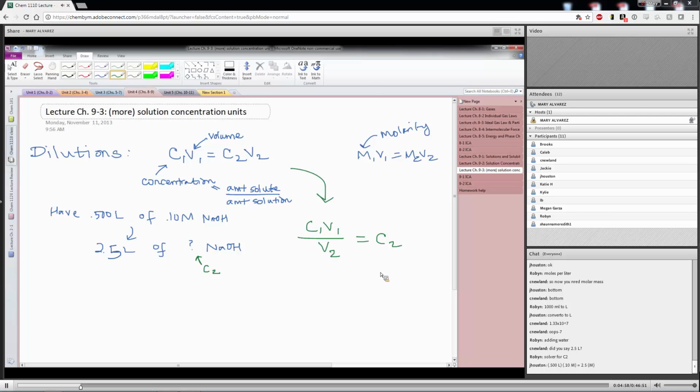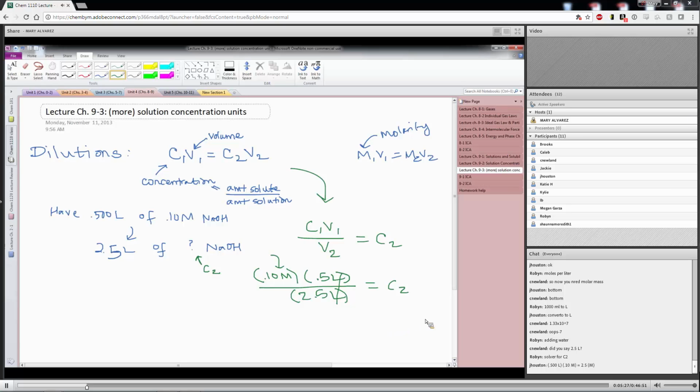So if you do that, then we'll find our C2 is equal to my initial concentration, 0.10 molarity, multiplied by my initial volume, 0.5 liters, divided by my final volume, which is 2.5 liters. And notice if you keep your units there, you'll end up with units of molarity, which works for concentration.